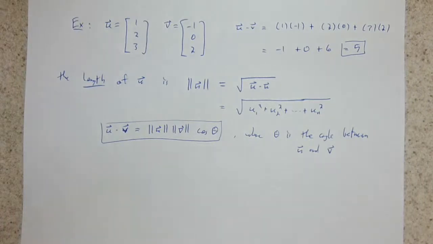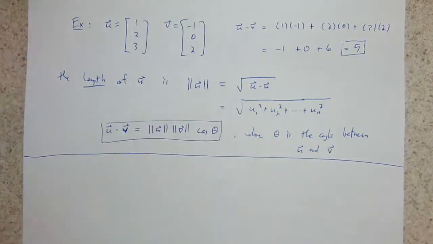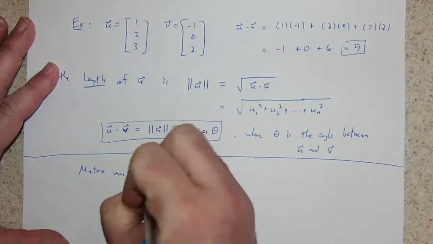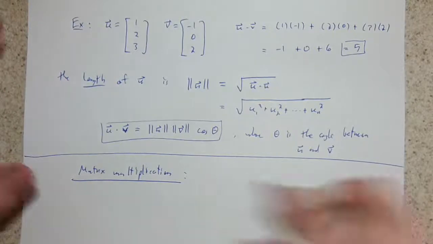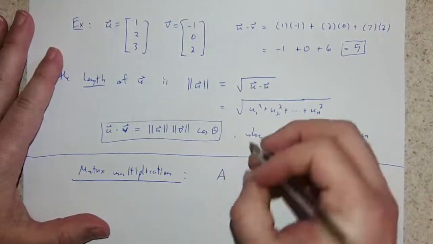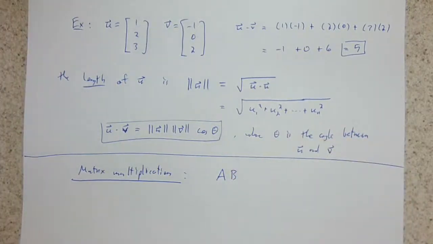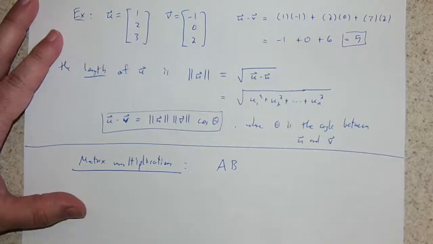All right, so what am I doing? The original thing that I wanted to do was define matrix multiplication. So I'm now going to talk about matrix multiplication, just to remind you how it works. If I have two matrices, A times B, the first thing to remember is that this is not even defined unless A and B are of the right size.